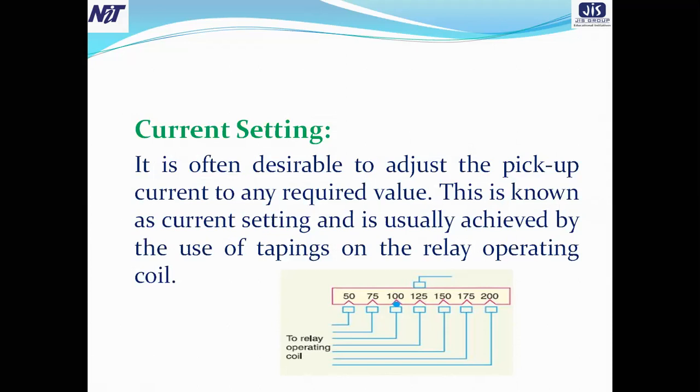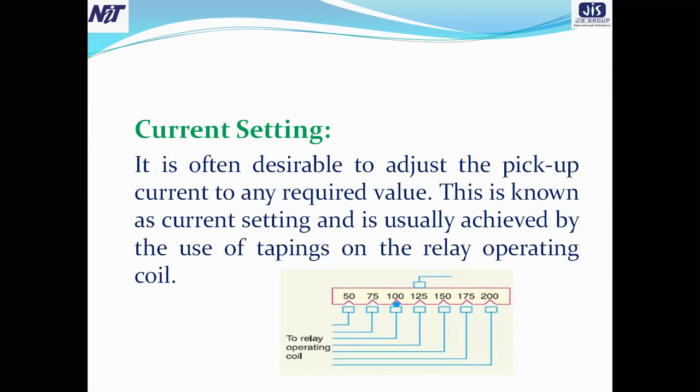If you follow the figure, you can find the relay operating coil. Look here, the values are given: 50, 75, 100, 125, 150, 175 and 200. The plug bridge permits altering the number of turns on the relay coil. This changes the torque on the disc. You know that inside the relay there is a disc.